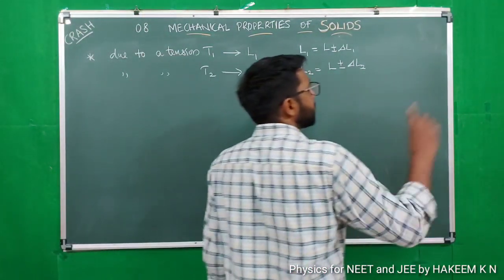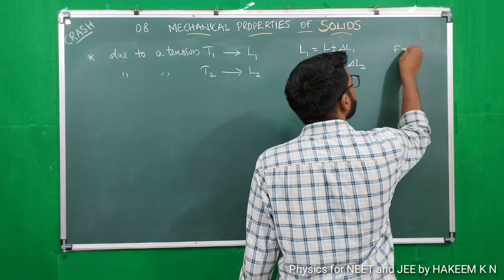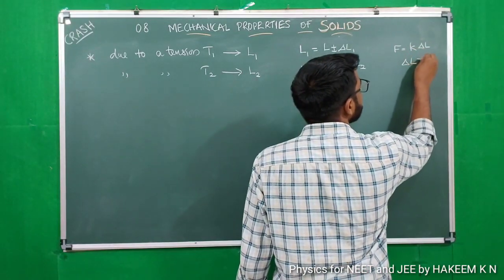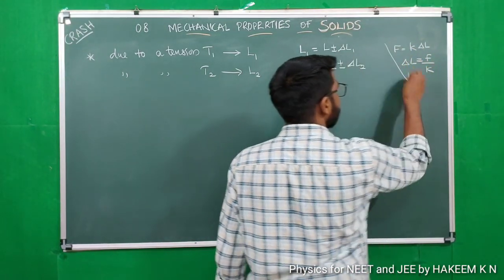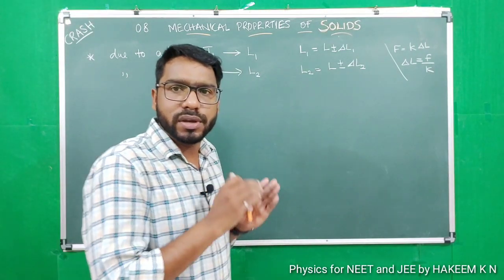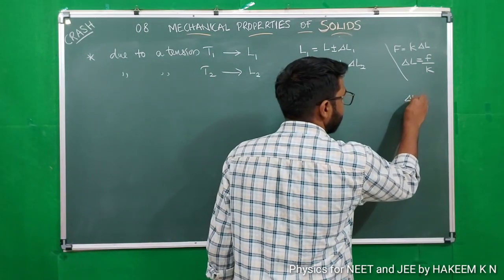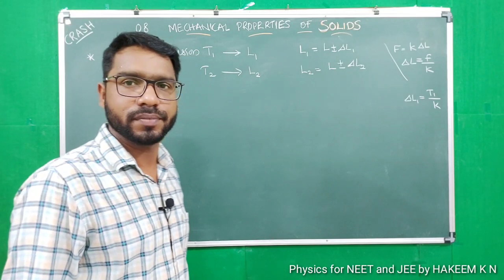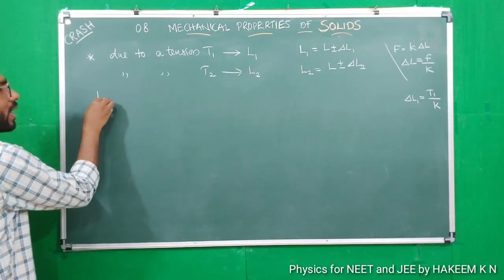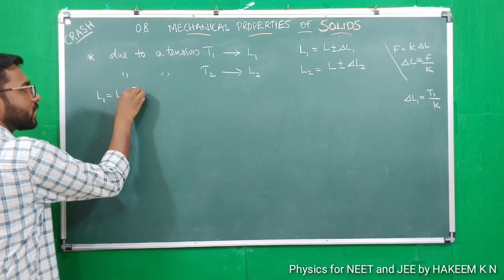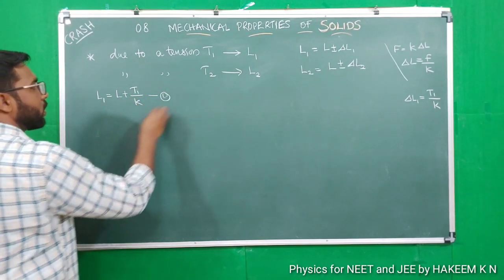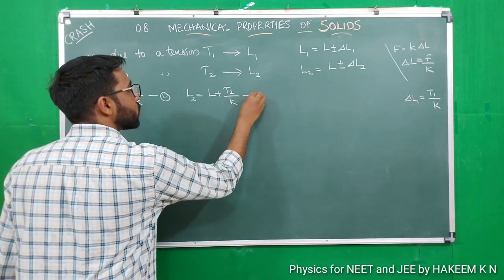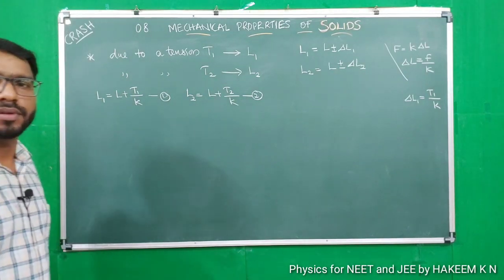We just discussed that F equals K delta L, or Kx, then delta L equals F by K. So instead of delta L1, we can use the first tension T1 by the constant K. So we get two equations: L1 equals L plus T1 by K, equation number 1, and L2 equals L plus T2 by K, equation number 2.